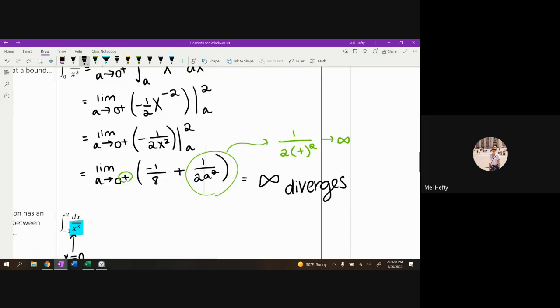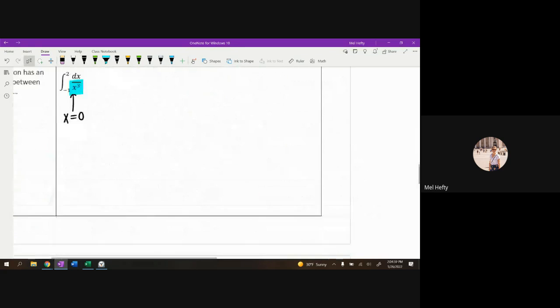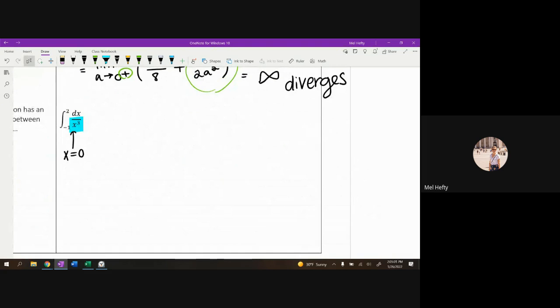Just like with the infinities guy, can't do 2 limits at once. And here I would need 2 limits because I need to approach 0 from both sides. I need to break this integral into 2 pieces, and I have to know to do that because I have to check my denominator. So kind of like the one on the first page, let's do this.